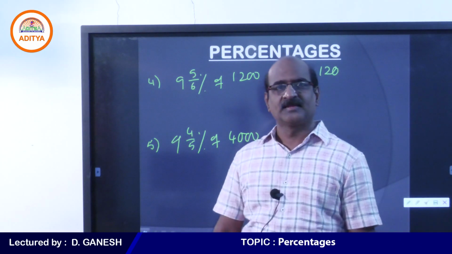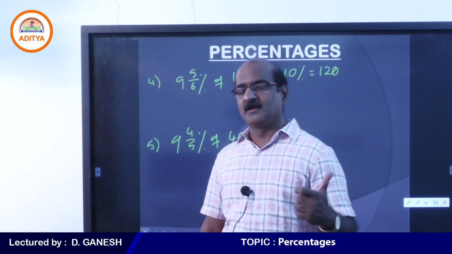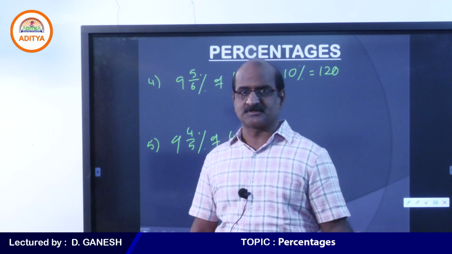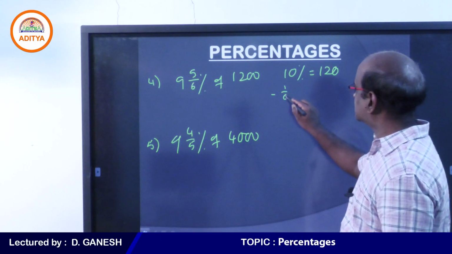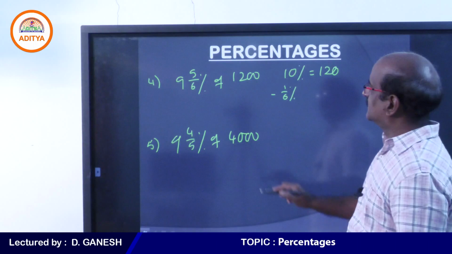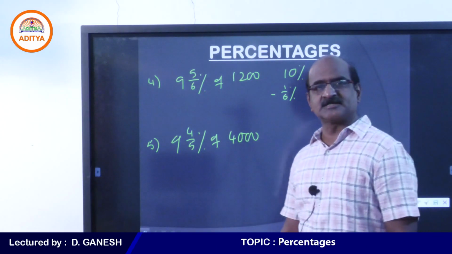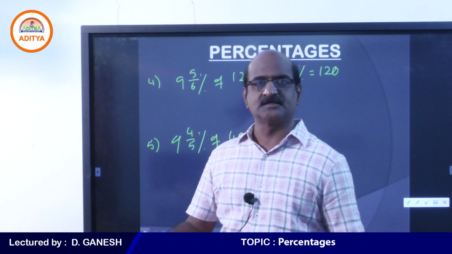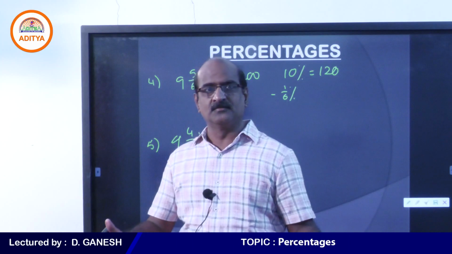But I ask you to find 9 5/6%, which means you have to subtract 1/6%, because you don't want 10%, but you found 10% because it is convenient.